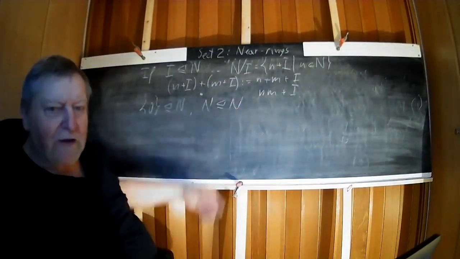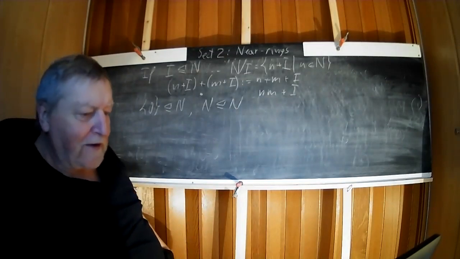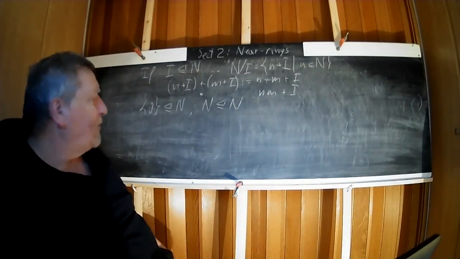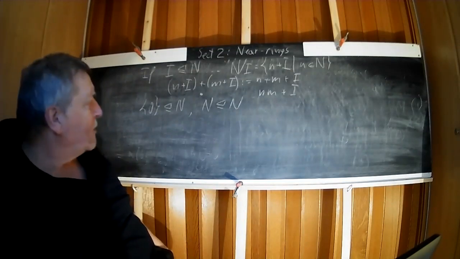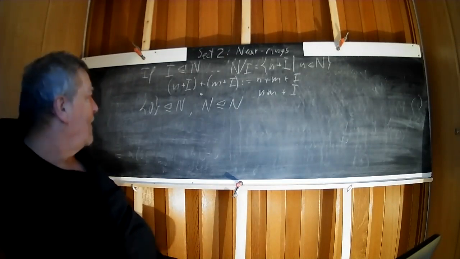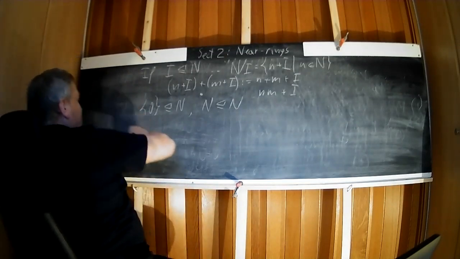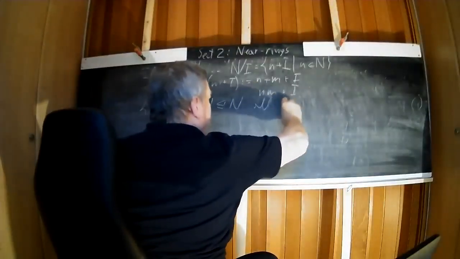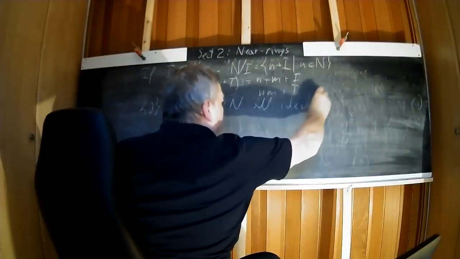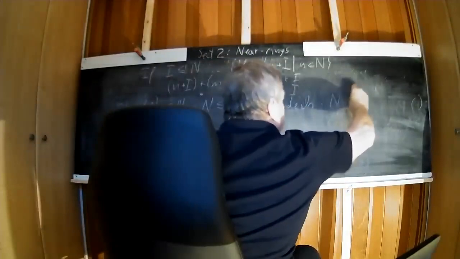That happens in every class of algebraic systems which is comparable. And if you have no others, no interesting ideals, we call a near-ring simple. So if these are all ideals, we call the near-ring N to be simple.